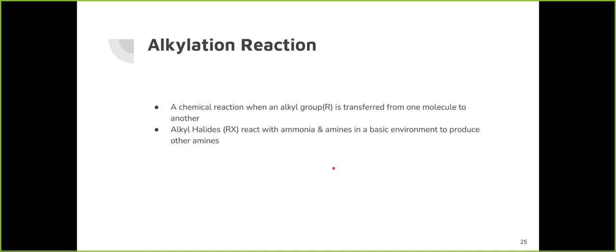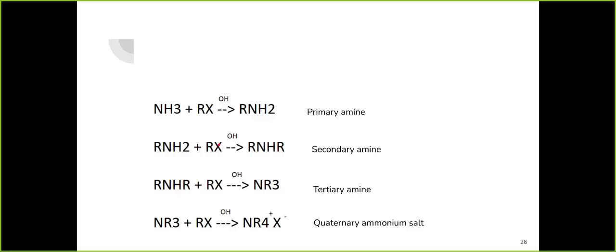Okay, alkylation of amines. Chemical reaction. An alkylation reaction is a chemical reaction where an alkyl group is transferred from one molecule to another. Alkyl halides react with ammonia and amines in a basic environment to produce other amines.